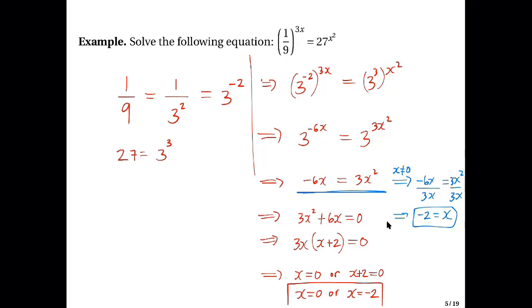Of course, there are other students who do this, okay? But then they will continue with that: if x equals 0, we will have 0 equals 0. So x equals 0 is also a solution. And that's totally fine. At least they knew that x equals 0 can be a solution to this equation.